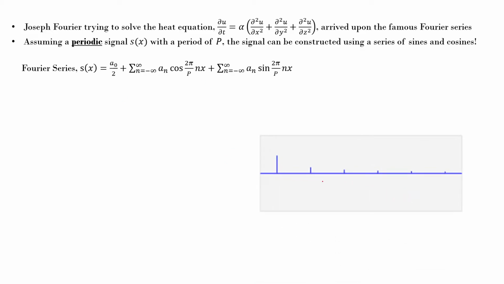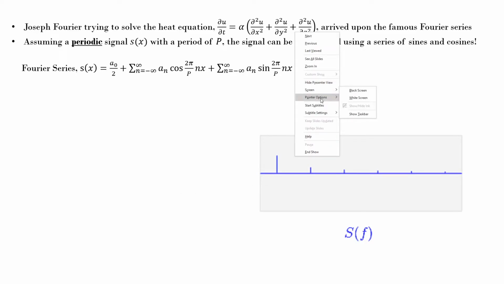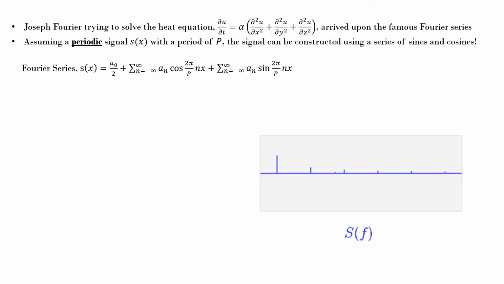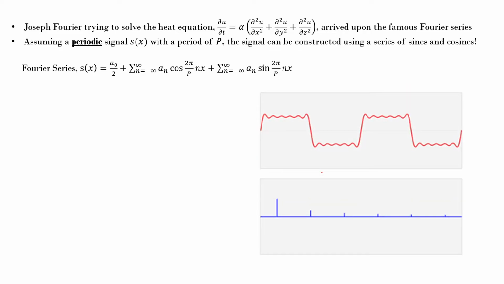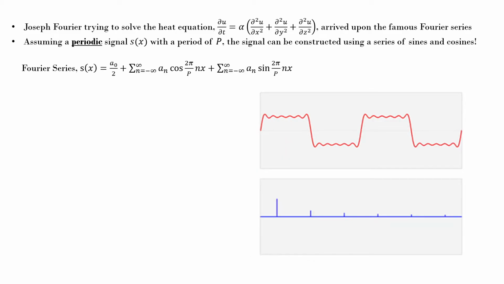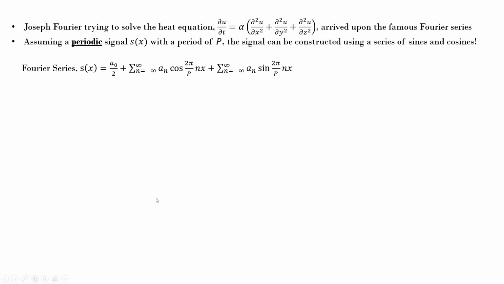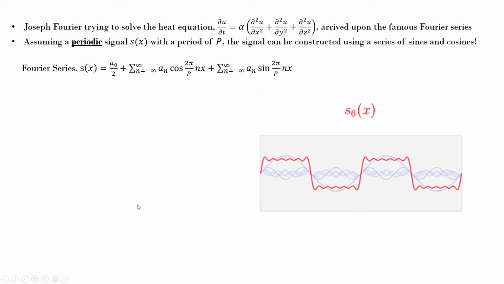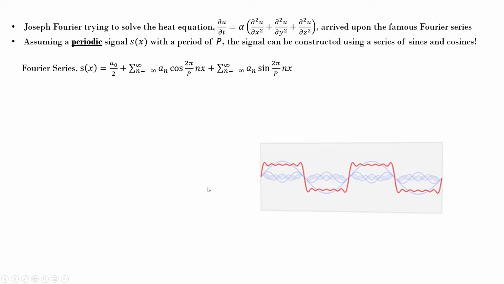Okay, maybe let us start from the start. So let me just erase it. Okay, so essentially this is what I mean. You have a signal which can be represented by a series of sines and cosines. That's exactly what you are seeing over here.